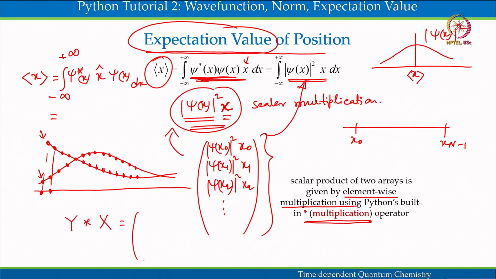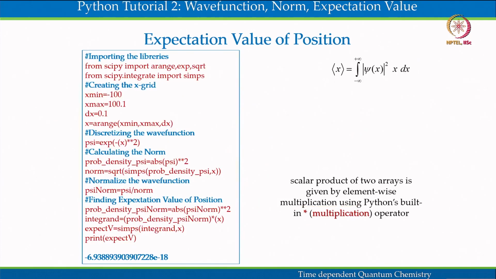It will do element-wise multiplication. Each element will be multiplied by the corresponding other element. So y0 will be multiplied by x0, y1 by x1, y2 by x2, and so on, and then it will give me another array. So it's very simple. We'll move forward and see how to get this integration done so that I can get the expectation value.